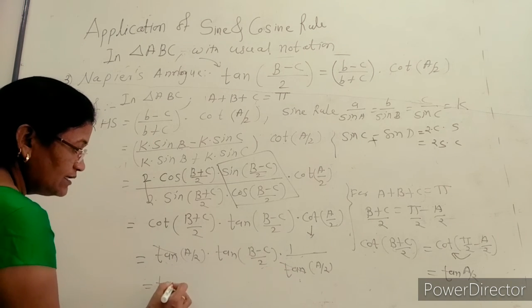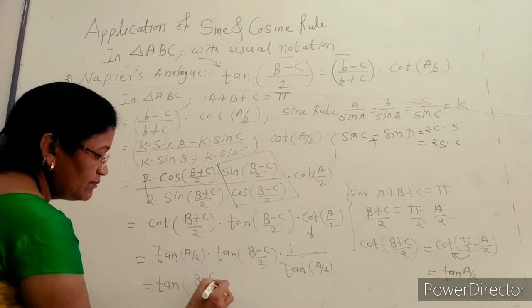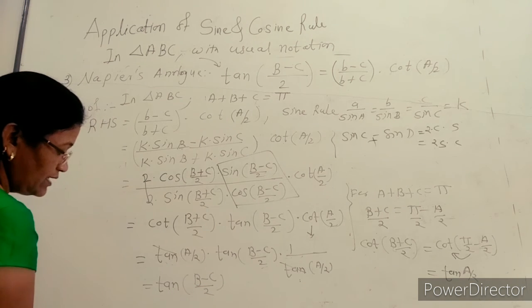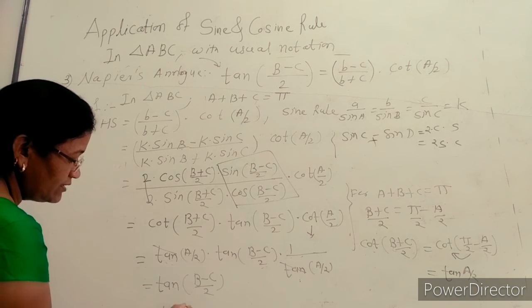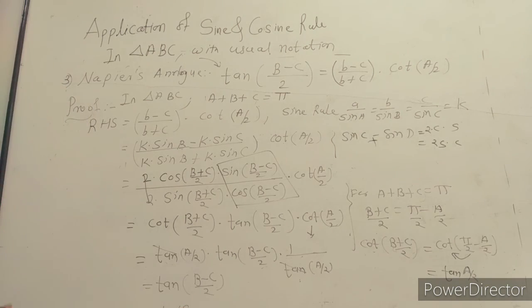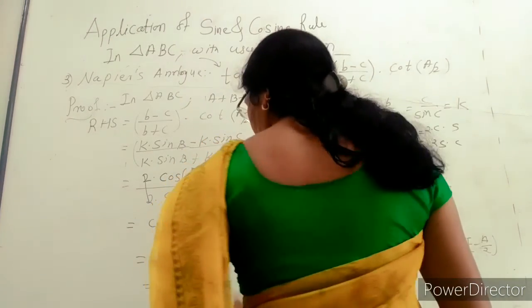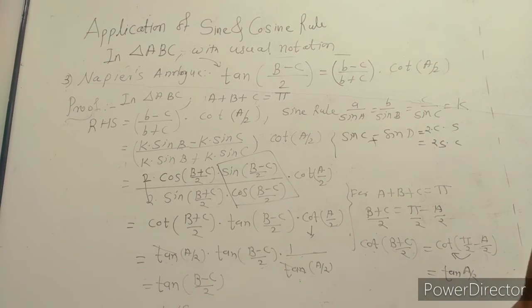We get the result tan of (B minus C) upon 2, which is the left side of the given result. In Napier's analogies, tan of (B minus C) upon 2 is equal to (b minus c) upon (b plus c) into cot A by 2.